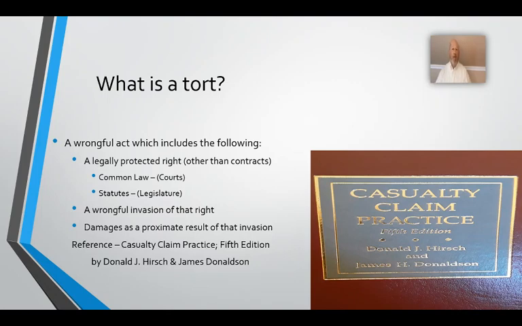The next part is that violation of one of those protected rights must result in damages that are the proximate result of that wrongful act. So if you have to connect all that together, you must have a wrongful act that violates some laws or some protection or rights that we already have, and that it causes damages that directly result from that wrongful act committed. If you have those, you have a tort.